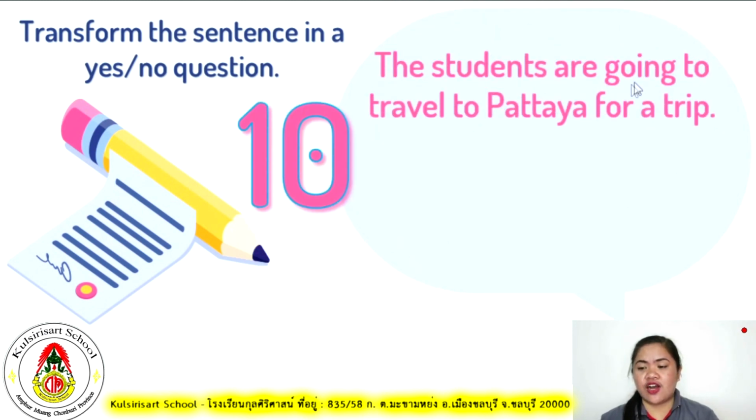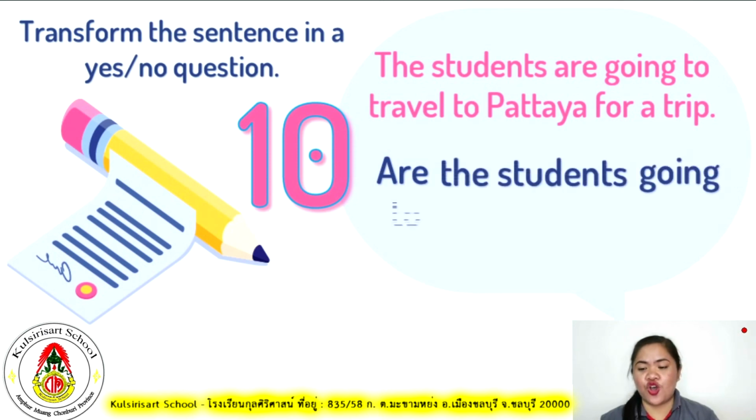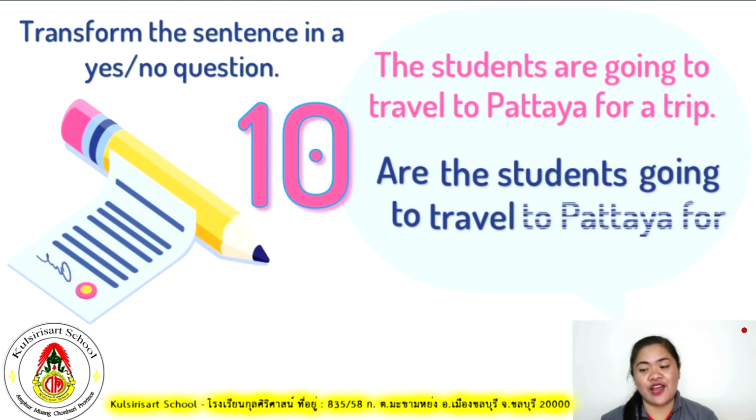The students are going to travel to Pattaya for a trip. Now here, look, the sentence is using the be going to pattern. So of course, we're going to start with, very good, are the students going to travel to Pattaya for a trip?